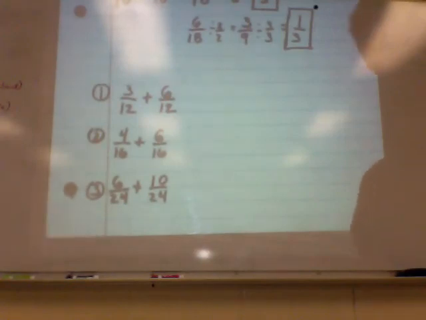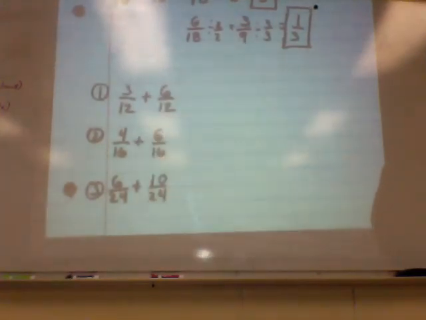All right. The final reduced fraction for all of these should be different. So if you're reducing, keep in mind that the answers to 1, 2, and 3 will all be different. All right, good luck.